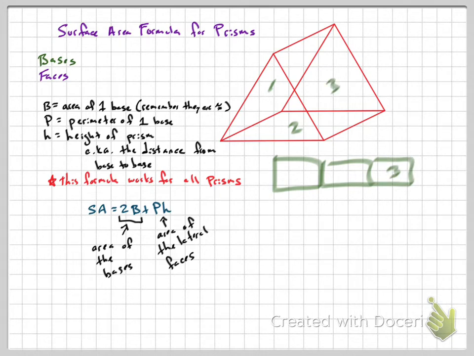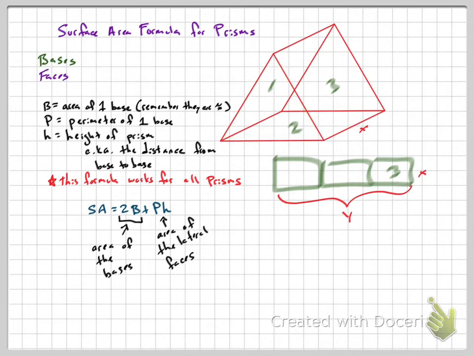This distance right here is this distance here, and this distance is this distance right here. Then this entire distance would be the perimeter of our triangle as it gets unfolded.